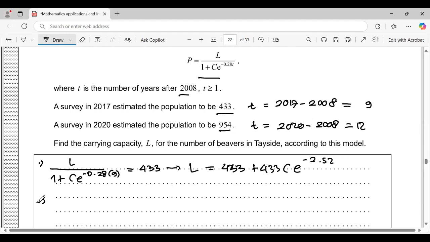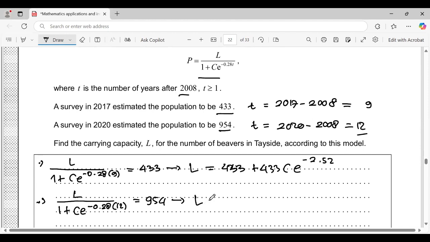The second equation, we substitute t equals 12 and P equals 954, the population. L over 1 plus C e to the power minus 0.28 times 12 equals 954.